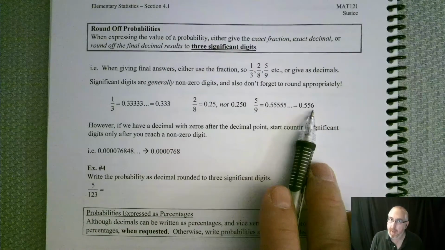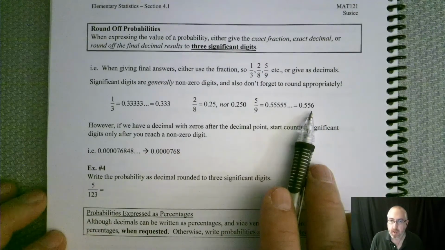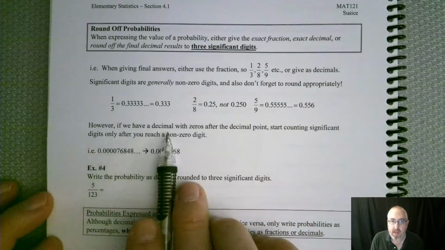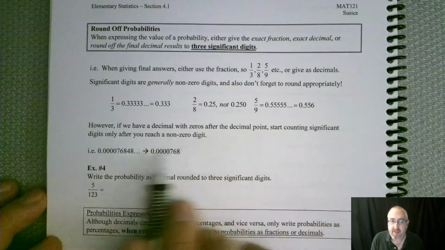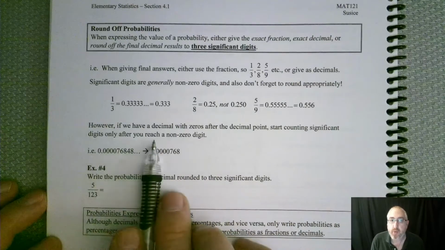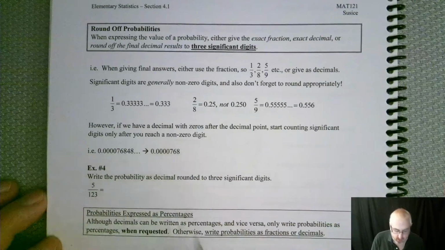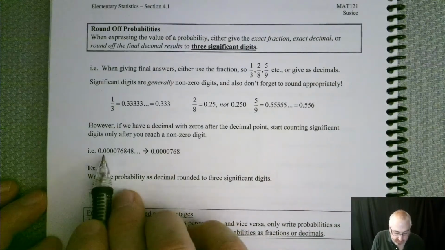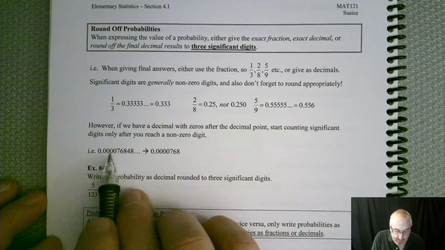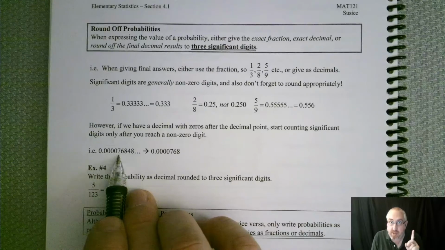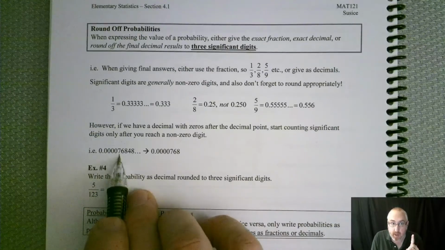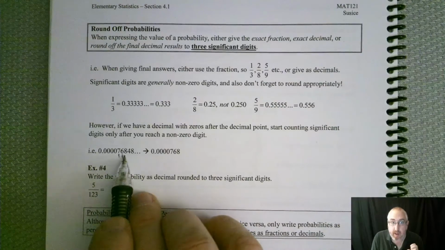But what happens when the decimals are small? With a decimal with zeros after the decimal point, start counting significant digits only after you reach a non-zero digit. So for this one, we've got a lot of zeros after the decimal point, but as soon as we reach the 7, that's considered the first significant digit. The 6 would be the second one, and then the 8 would be the third one.